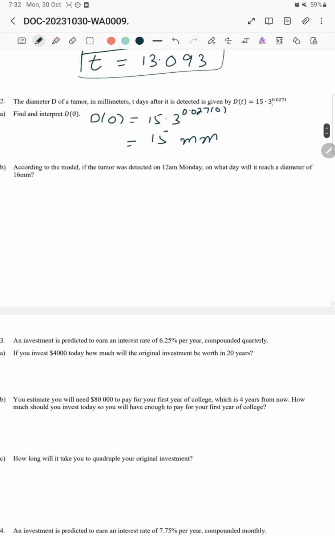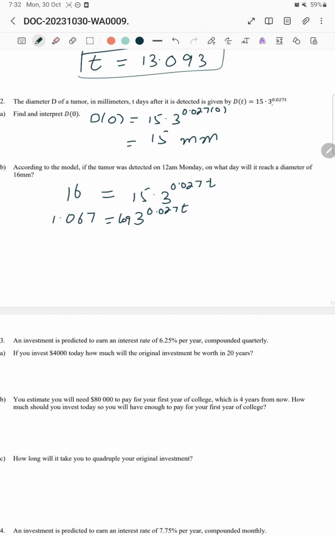According to this model, if the tumor was detected at 12 a.m. Monday, on what day will it reach a diameter of 16 millimeters? So 16 is equal to 15 into 3 to the power 0.027t.